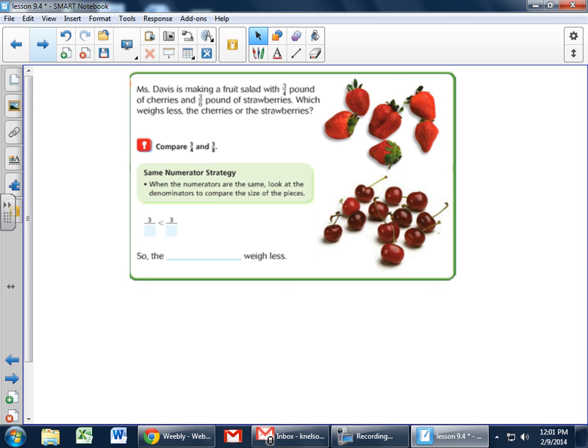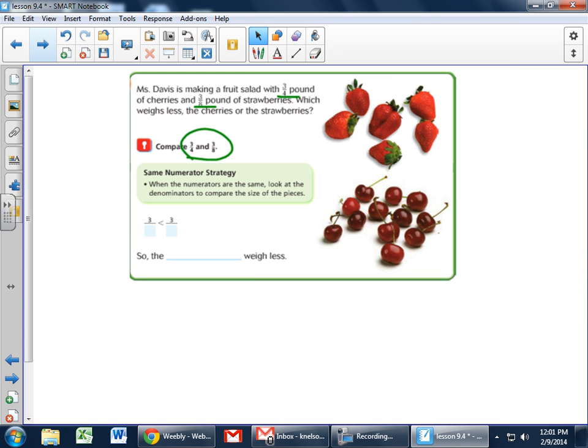Okay, turning to page 364, I'm just looking at the top piece of that page. Miss Davis is making a fruit salad with 3/4 pound cherries and 3/8 pound strawberries. Which weighs less? So we're comparing 3/4 and 3/8. The numerators are the same, so we're going to look at the denominator to compare the pieces. Oops, I'm just starting to fill in numbers.